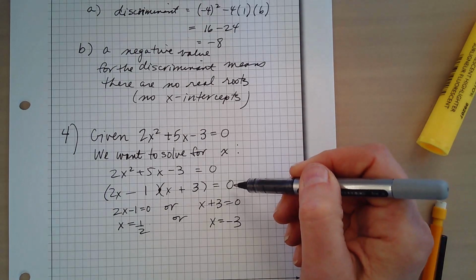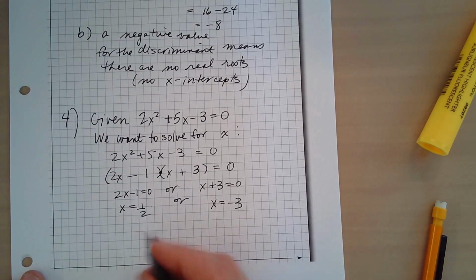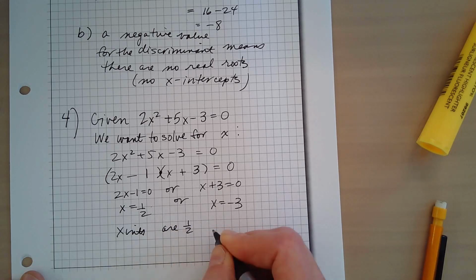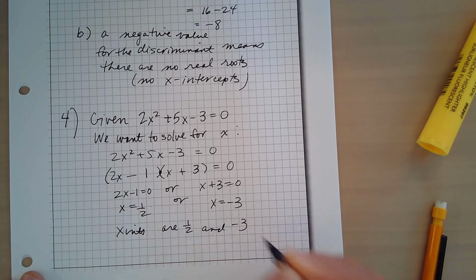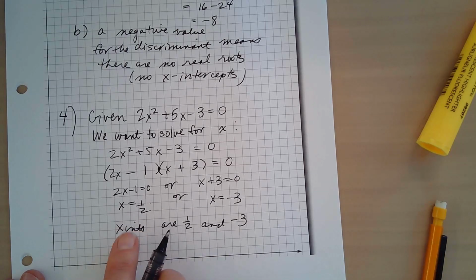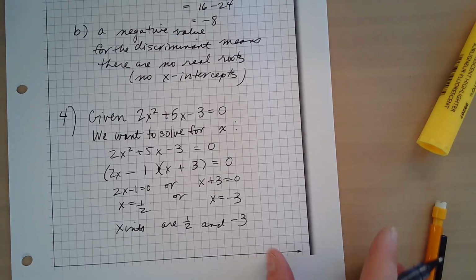So when y equals 0, x equals a half, or x equals negative 3. So I know that the x-intercepts are half and negative 3. Okay? So we say the roots of the equation are 1/2 and negative 3. That tells me the x-intercepts are half and negative 3.